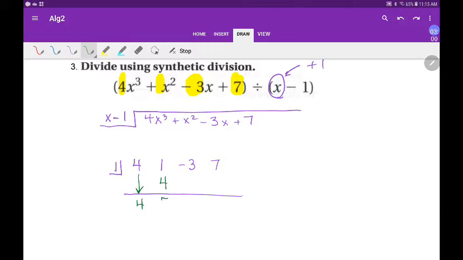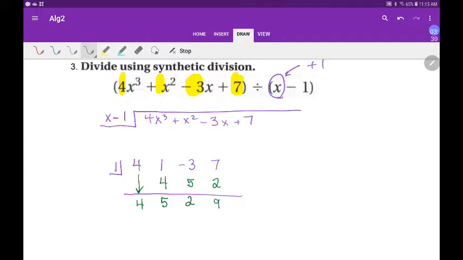And then we're going to add these together. We're going to say 5. And then we'll say 1 times 5, and we'll get 5. Then we'll add again, and we will get 2. And we'll say 1 times 2. Let me highlight that again. 1 times 2. 1 times 2 is 2, and we'll add these and we'll get 9.